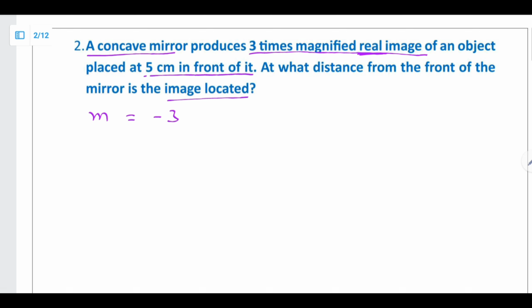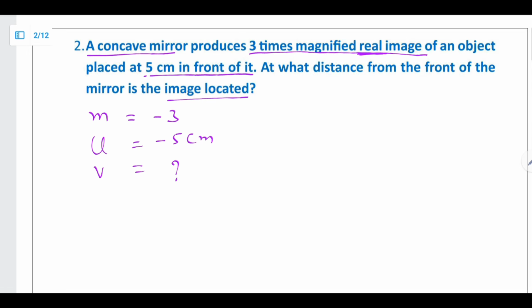Also given object distance u equals 5 centimeters. Applying the sign convention rules, it is -5 centimeters, because object distance is always taken as negative. The question is to find the image distance.